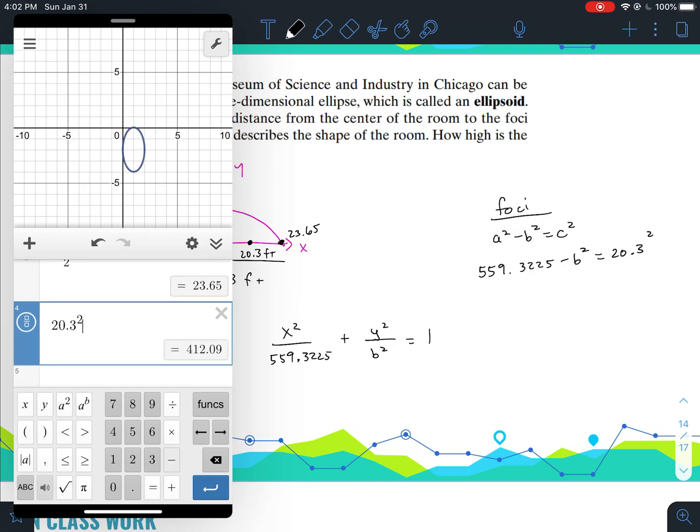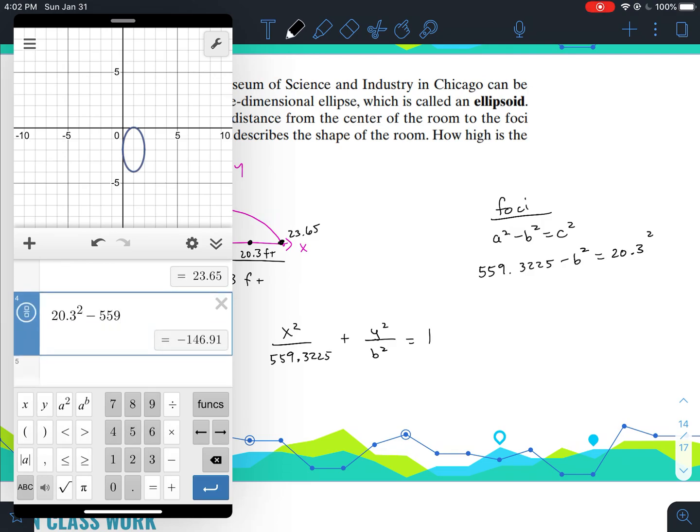And then we're going to subtract the 559.3225, and that's going to give us negative b squared. So negative b squared is going to equal negative 559.3225, then plus 20.3 squared, which is going to equal negative 147.2325.